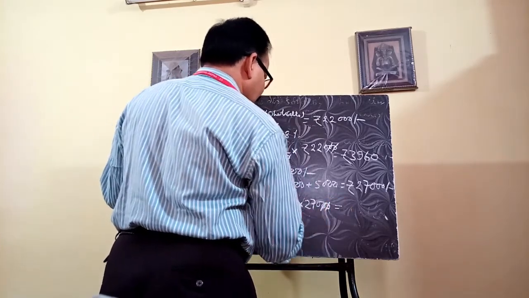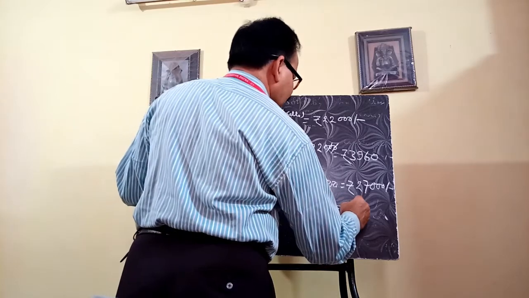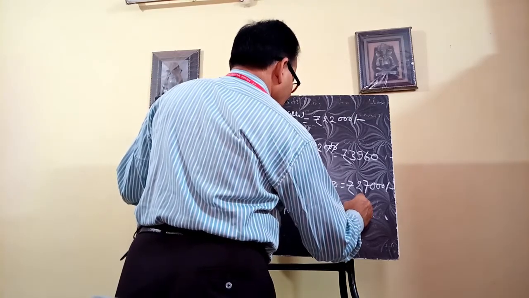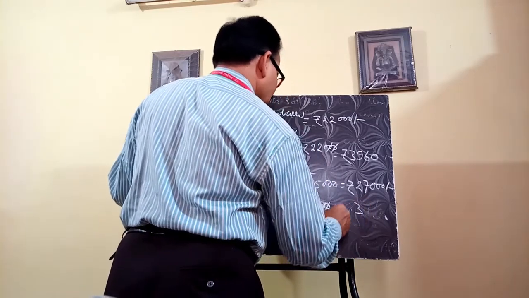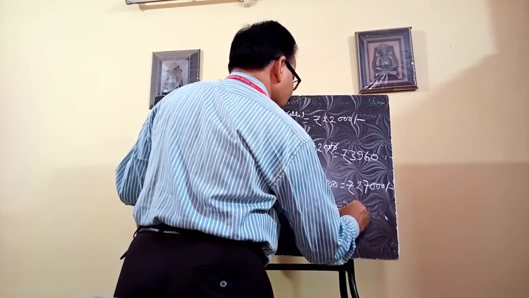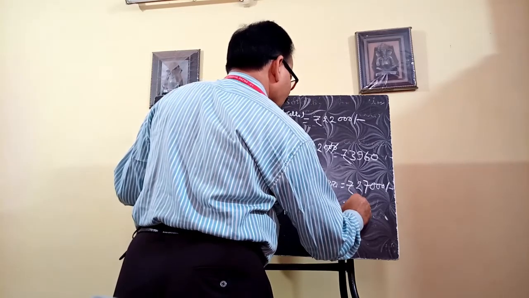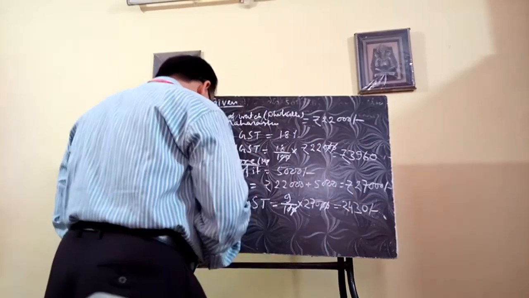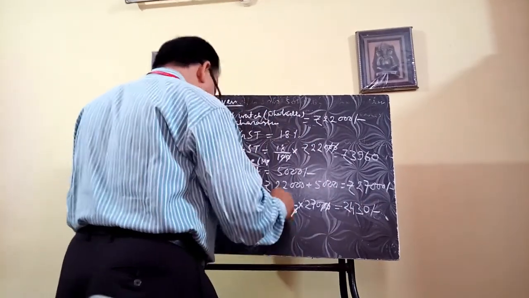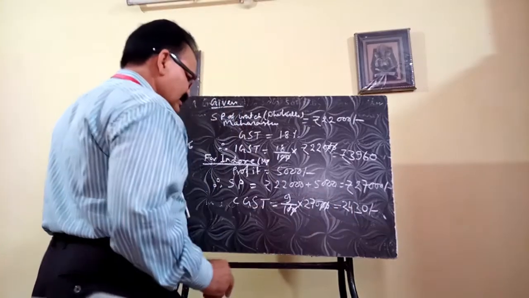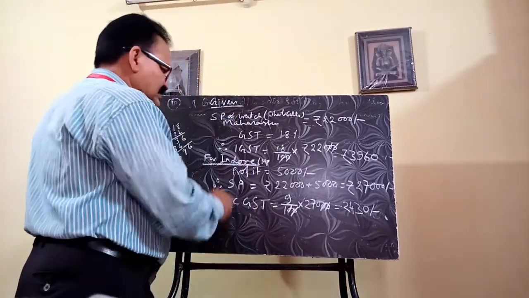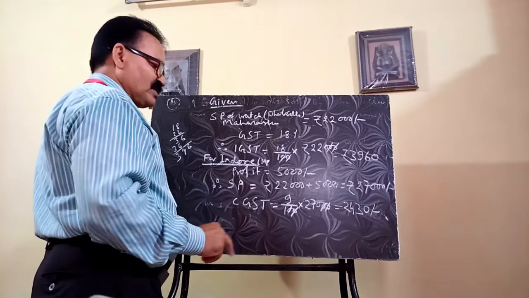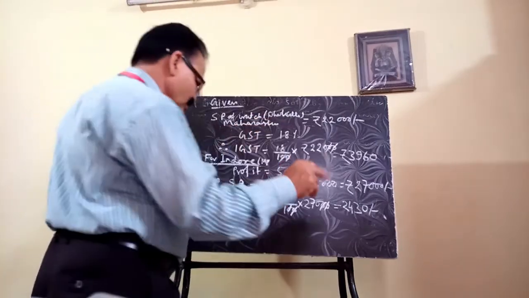While multiplying 9 into 27, this is 2430. 2430 is the CGST that is charged by the Indore dealer from the shopkeeper of Gwalior.